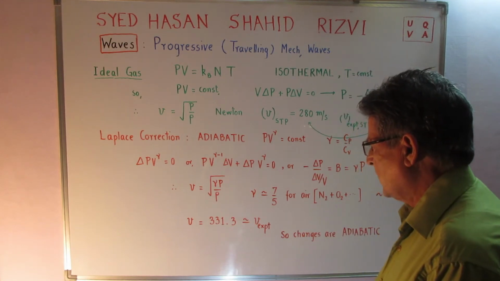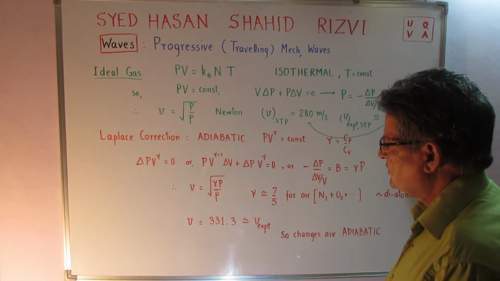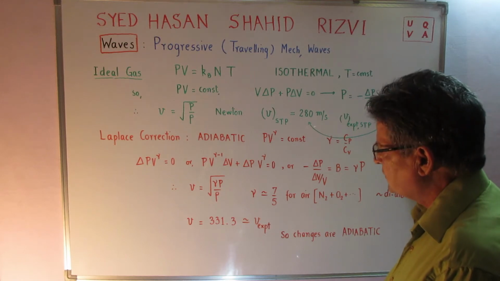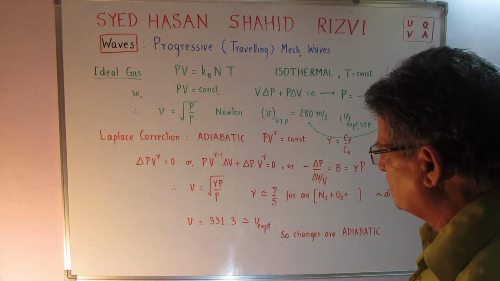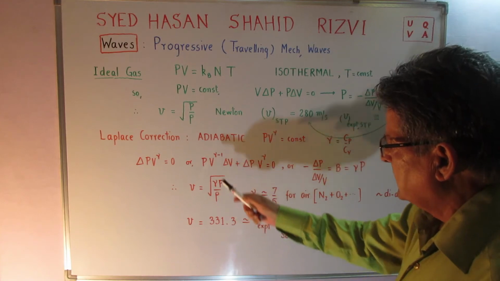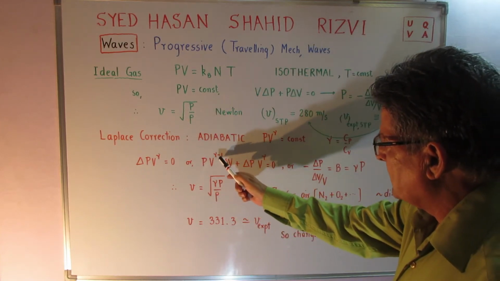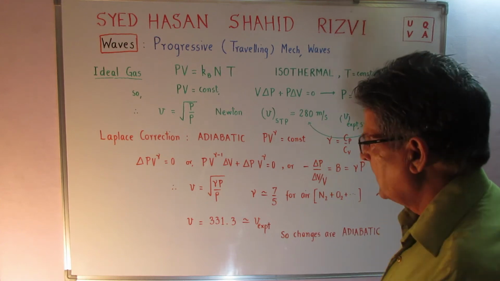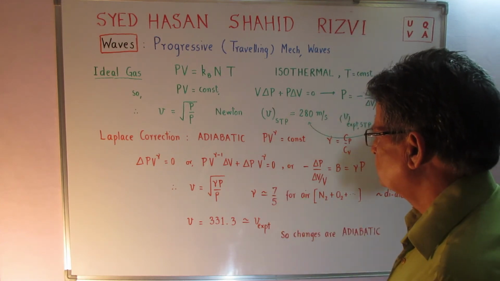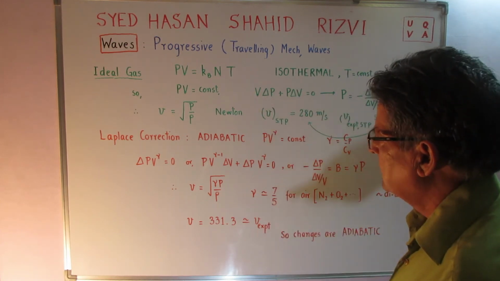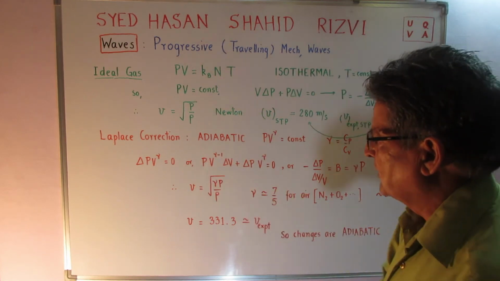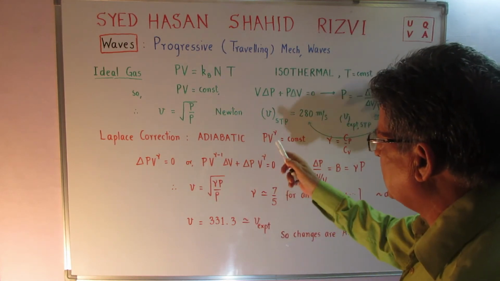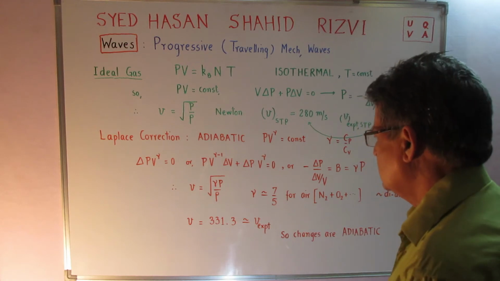So if I apply that rule which I have said in words, this becomes equal to the first function P, the second function V raised to the power gamma minus 1 into delta V, plus delta P, the differential of the first function, into V raised to the power gamma, that is the second function.